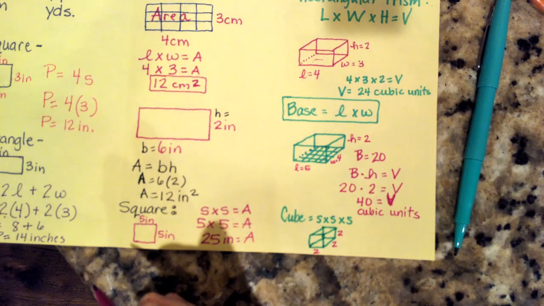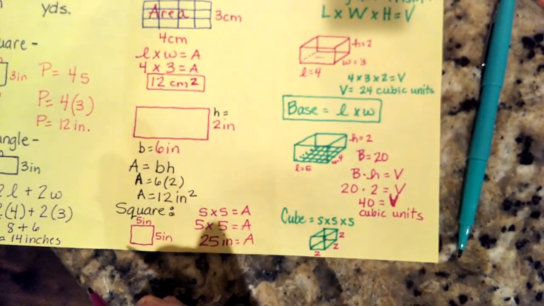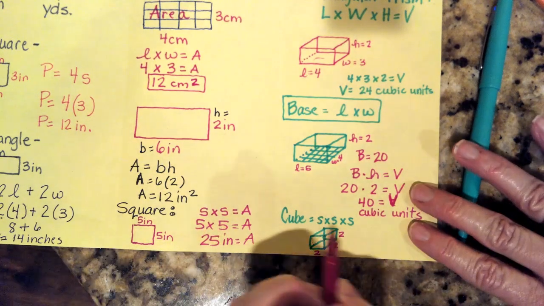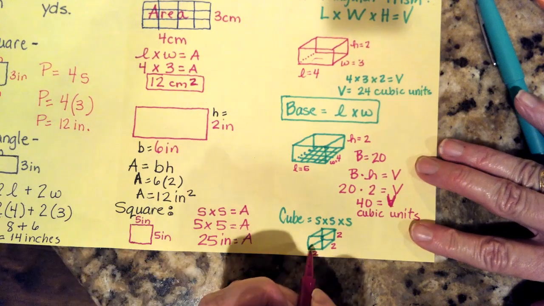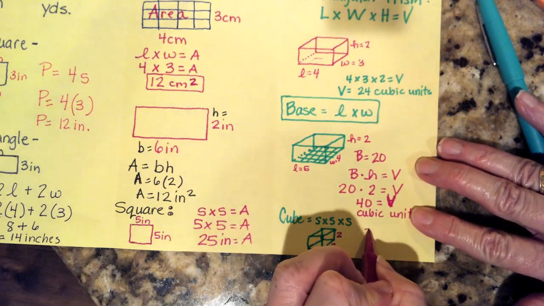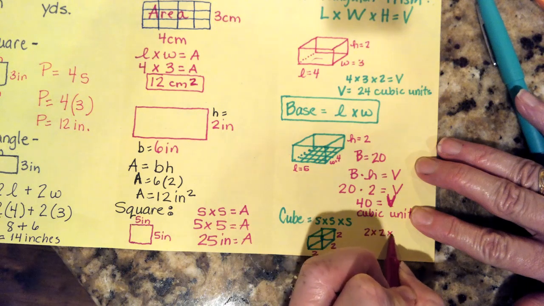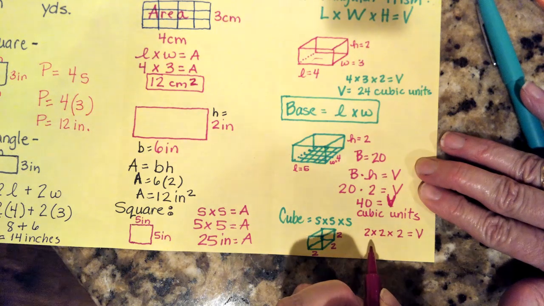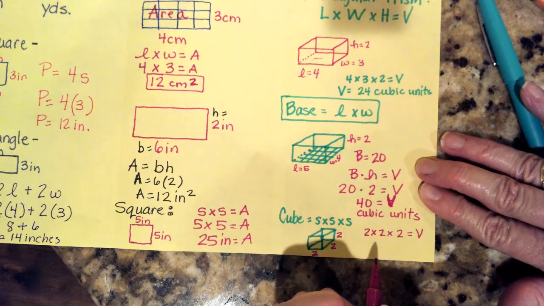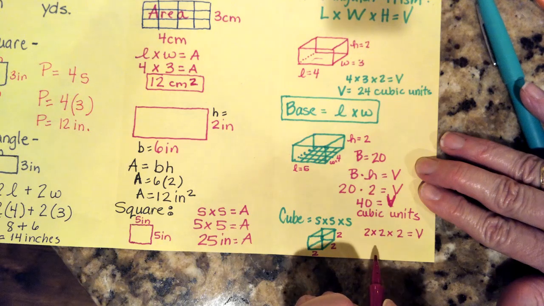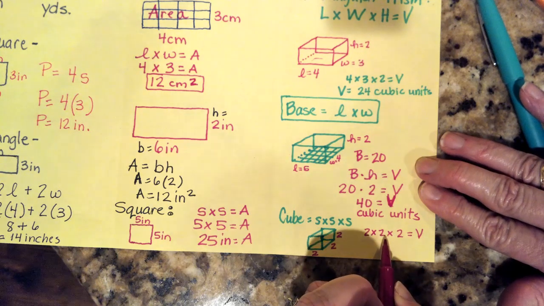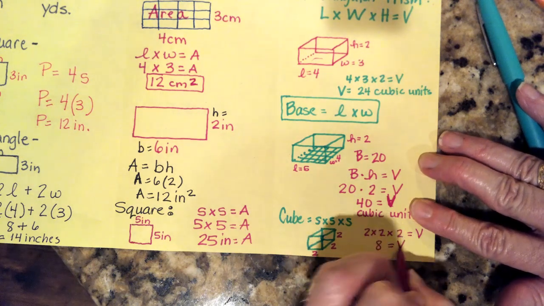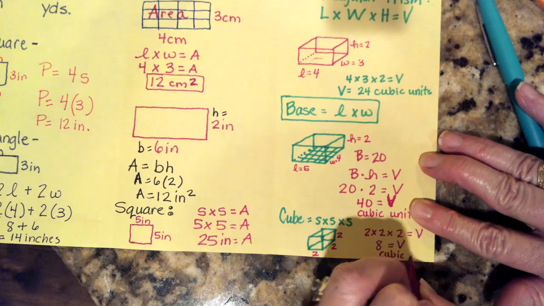And if we're looking to calculate the volume of this cube, we would say 2 times 2 times 2 is going to give us the volume. And it's really easy for boys and girls to go 2, 4, 6. It's not 6. So be very careful and aware that it's 2 times 2 is 4, and 4 times 2 is 8. And so it's 8 cubic units.